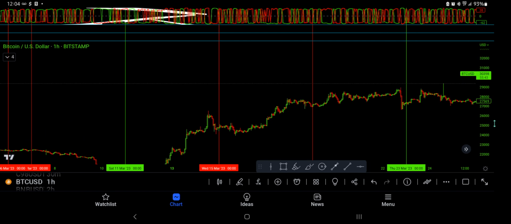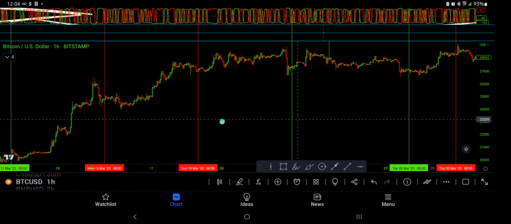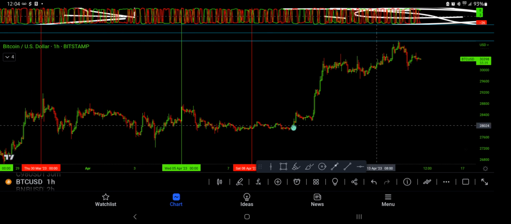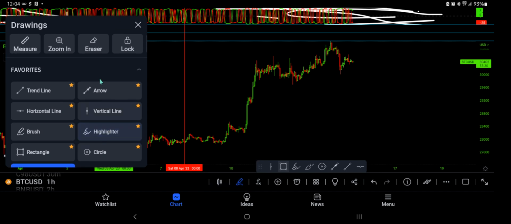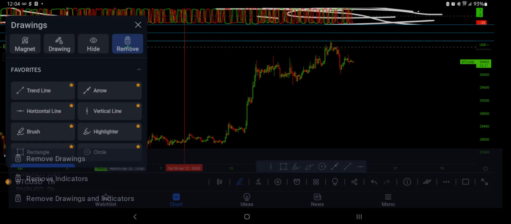The reason why I stick to the 1 hour is we're breaking the chart down to a much smaller increment, and it's easier to read in the short term. So let's go ahead and remove all the drawings so you can see the picture.